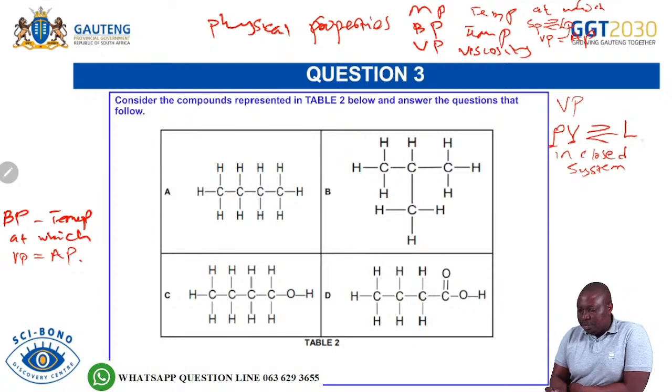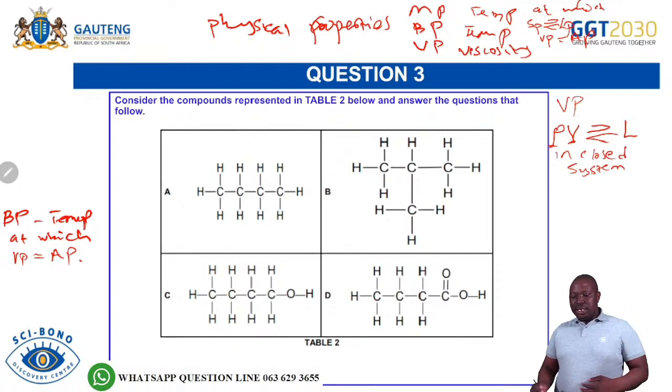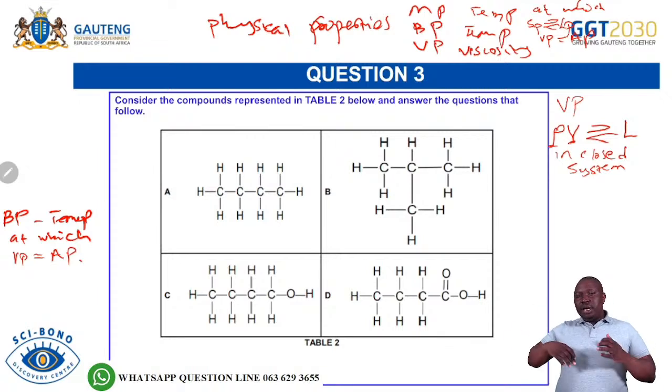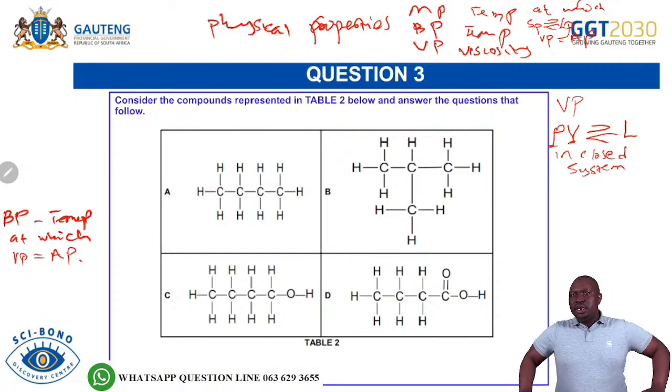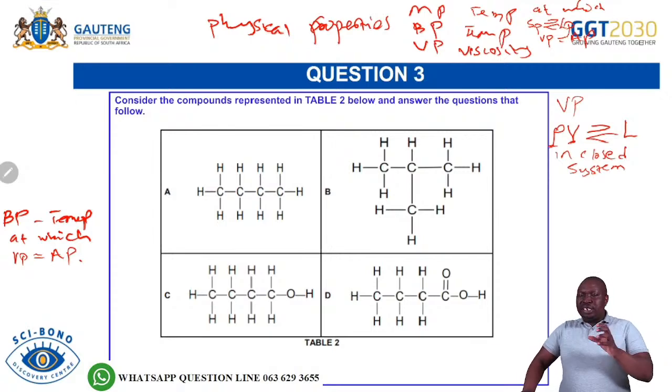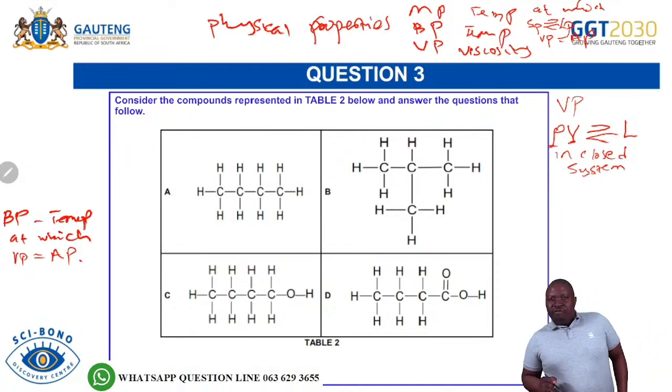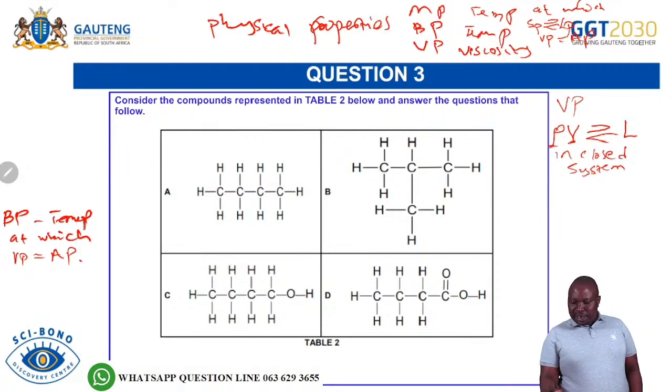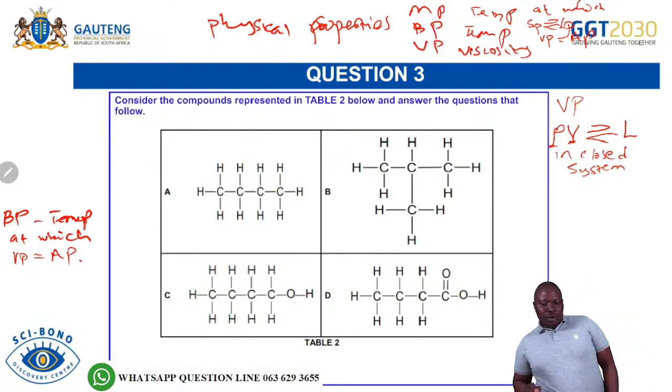At equilibrium with its liquid in a closed system. So don't forget that. It must be in a closed system, because when you're talking about vapor pressure, the water is about to boil, or it is boiling already. Because the water starts to vaporize just before it starts boiling. It starts to vaporize, and during boiling it's vaporizing. So when you say vapor pressure, we're saying this is the pressure exerted by vapor at equilibrium with its liquid in a closed system. I hope you will remember.